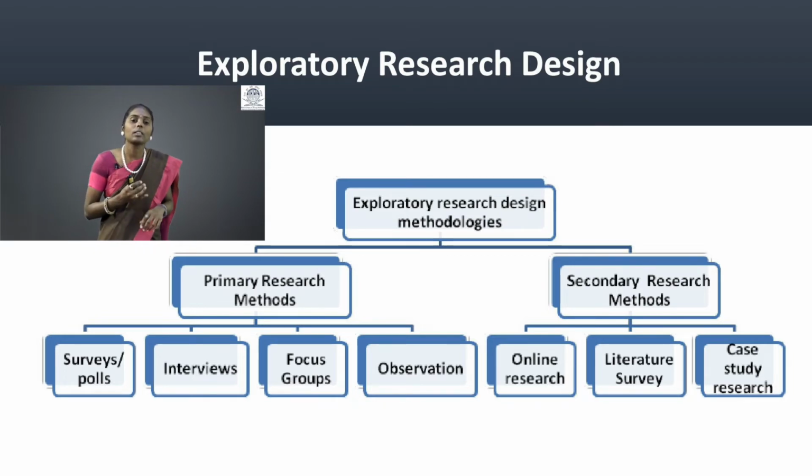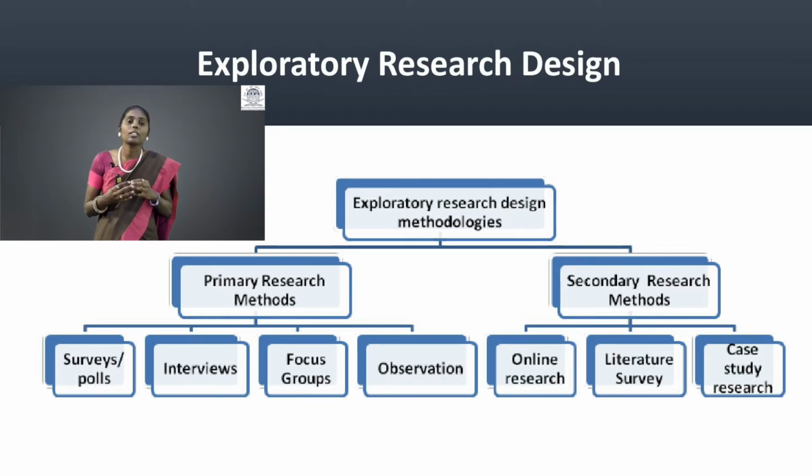The other method through which we can collect information is secondary research methods. You can do online research in websites, blogs, or organizational sites. If we are looking at farmers' production, if the study is about farmers, then we can look at the Ministry of Rural Development, right.